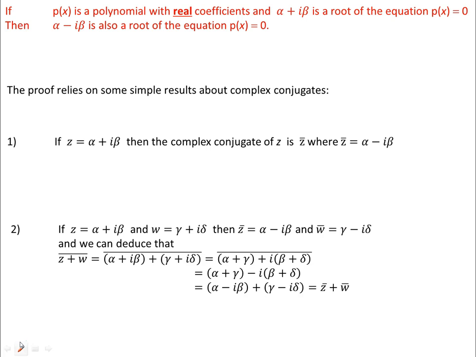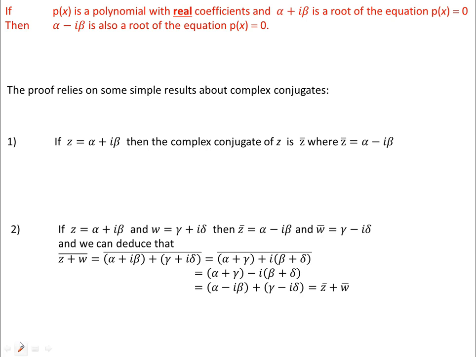So z plus w is the same thing as alpha plus gamma plus i times beta plus delta. So the complex conjugate of z plus w is the complex conjugate of alpha plus gamma plus i times beta plus delta, which gives me alpha plus gamma minus i times beta plus delta, or in other words, alpha minus i beta plus gamma minus i delta, which is the complex conjugate of z plus the complex conjugate of w.